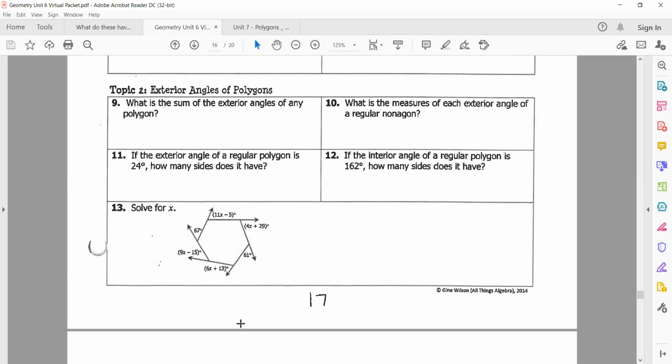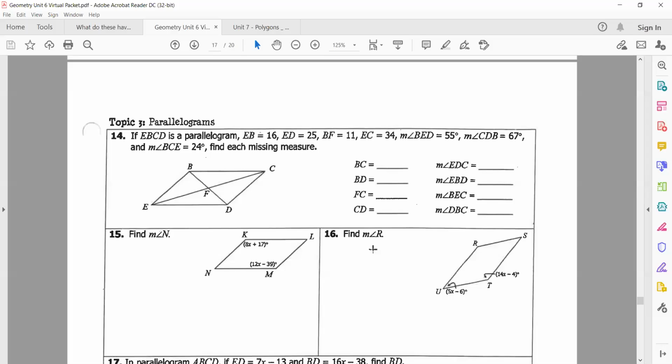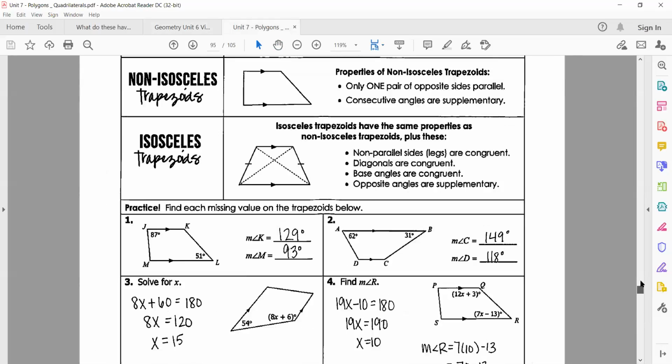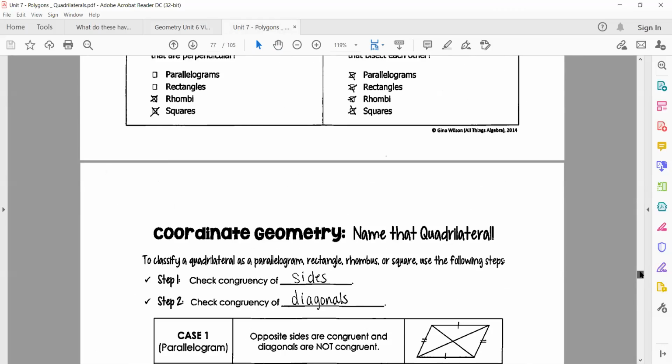So I'm going to pause this again, and Jonathan's computer is going to tell us that the recording is paused. The next section gets into parallelograms. This is where you need to have that graphic organizer right next to you. Because to understand what we have with parallelograms, where's my graphic at?